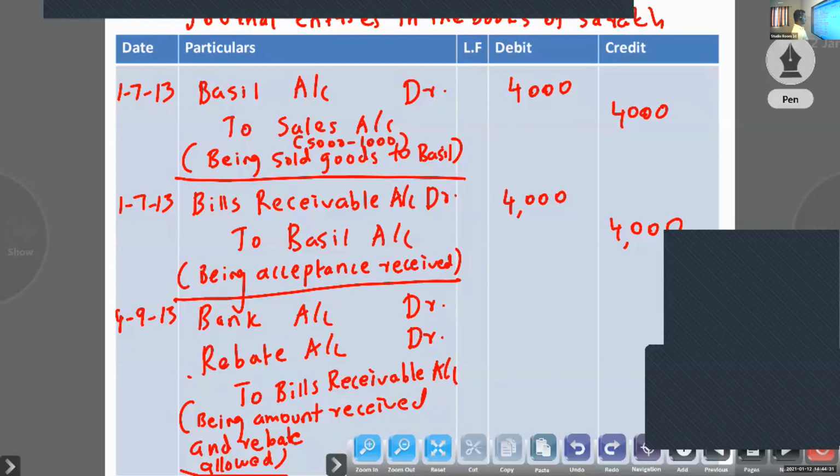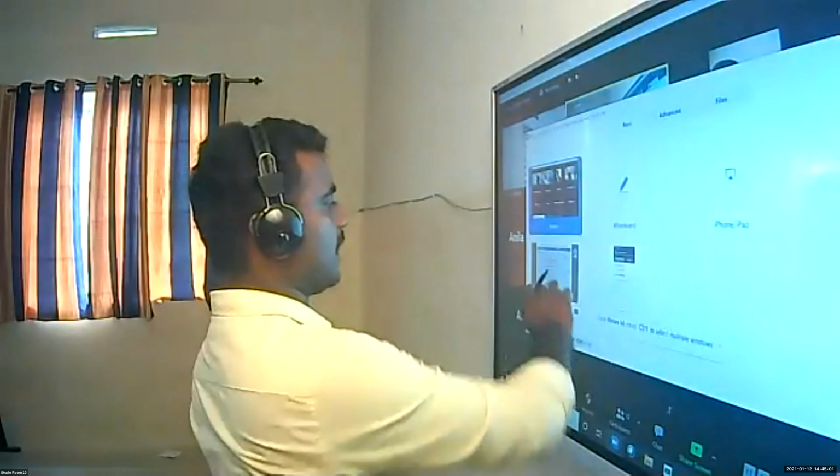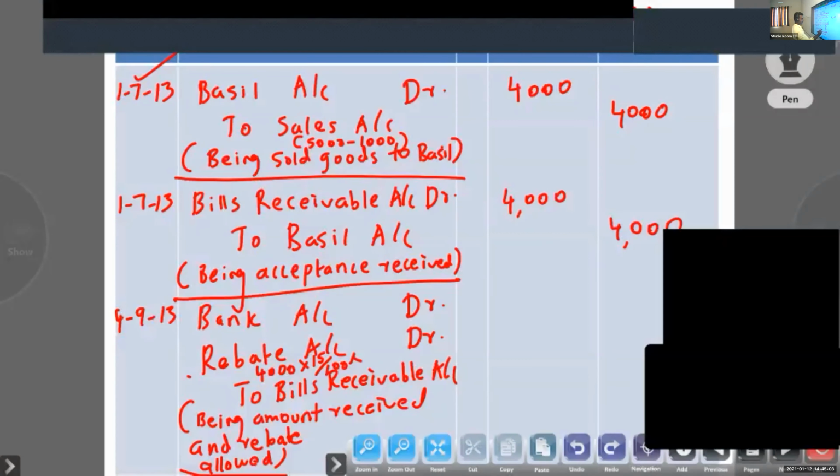So, how to calculate rebate? 4,000 into 15% into, so receive date to mature date. So, 1st July is the date. So 3 months, 8, 9, 10. 9 we received. 1 month before we received the amount. So 1 month discount we have to give.